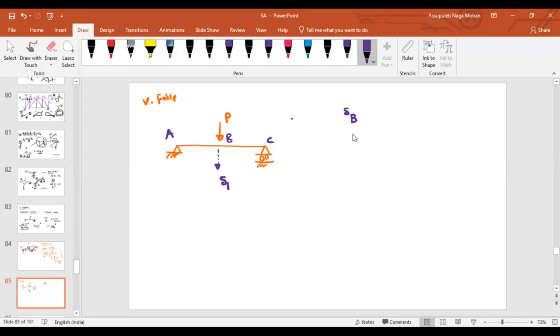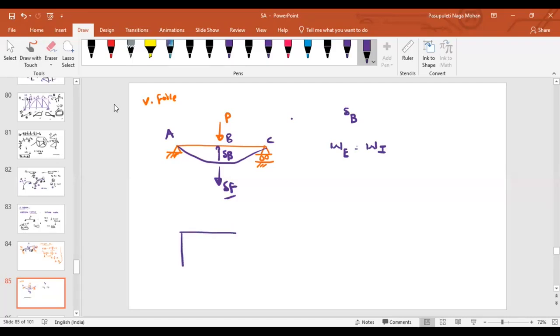The deflection might happen like this, and in addition you are applying some virtual force, delta F. So what is the work done because of the delta F? As we have spoken about, work done by external forces will be equal to work done by internal forces. This is one example for the beam case.